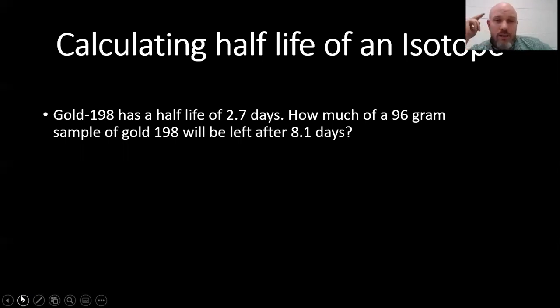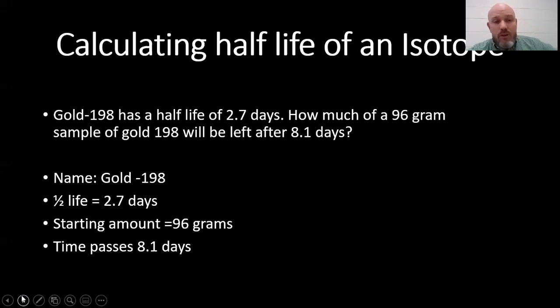Gold 198 has a half-life of 2.7 days. How much of a 96-gram sample of gold 198 will be left after 8.1 days? The first thing I like to do is write out all of my givens or my knowns. So if we look here, this is something that people get confused with. Gold 198, that's its isotopic notation.